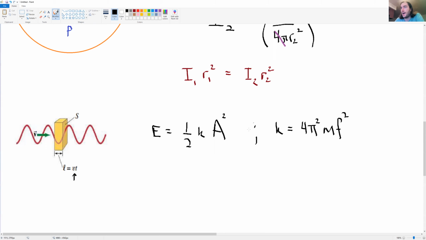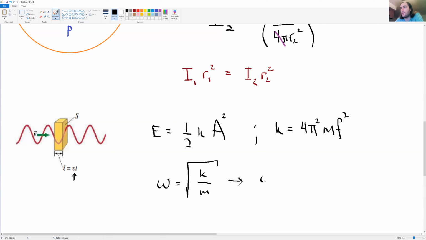So if you go through the motions of calculating the frequency, which we did do in class, remember, the angular frequency of the mass spring system, we got the square root of k over m. What are we going to get if we solve this for k? Well, we have a square root, right?